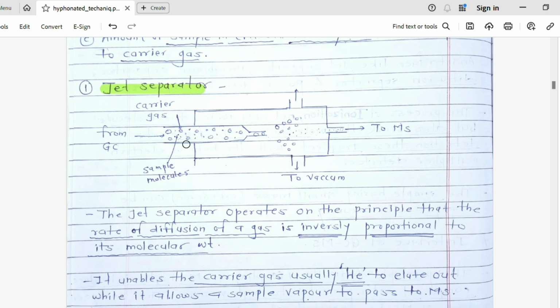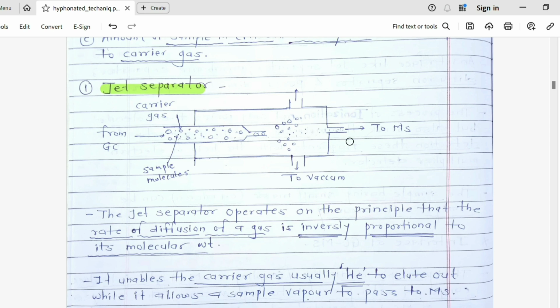The carrier gases come from the GC column, and small samples are inside the column. When they pass through this chamber, the jet separator, the molecules with high molecular weight easily pass through, and the carrier gas is removed with the help of the vacuum chamber.